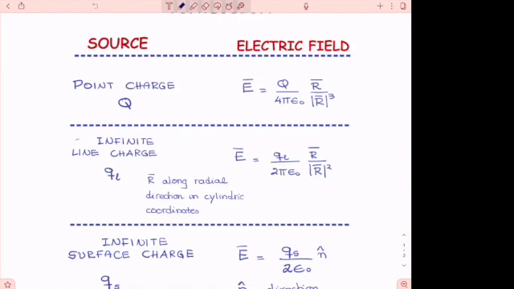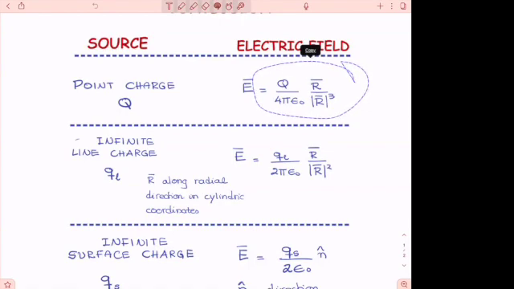So if R, capital R, is your distance from the charge, then we know for a point charge, the electric field as you go away from the point charge changes as 1/r squared. You see R cubed, but in the numerator I have another R. So the total magnitude of E is 1/r magnitude squared.